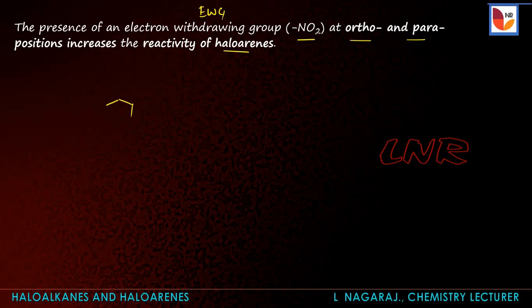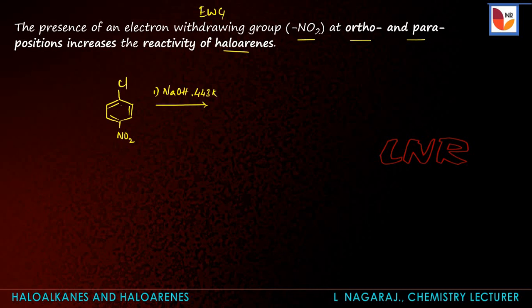That is, when chlorobenzene contains one electron withdrawing group at the para position, that is NO2, the reaction that takes place is: para-nitrochlorobenzene reacts with aqueous sodium hydroxide at a temperature of 443 Kelvin.